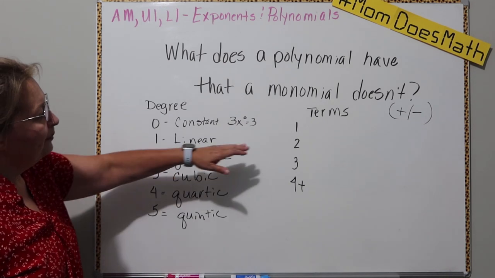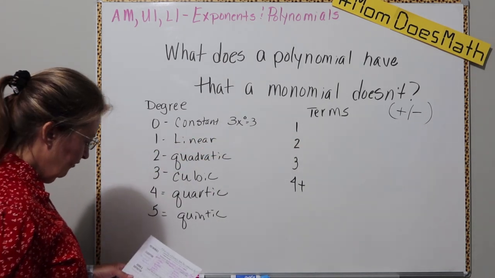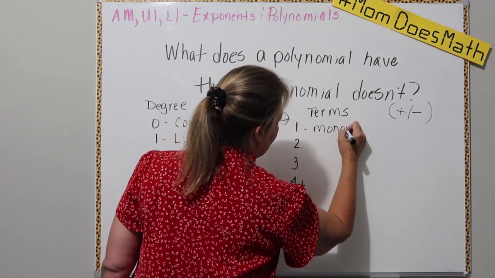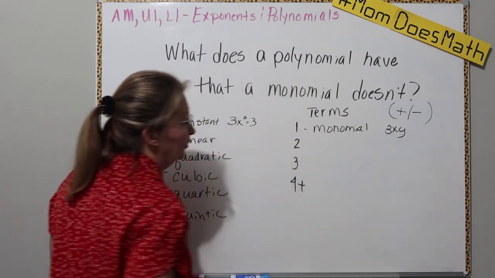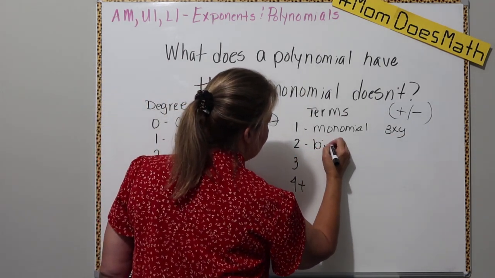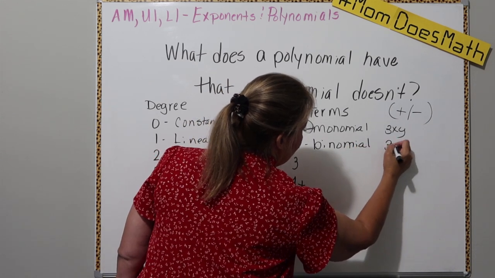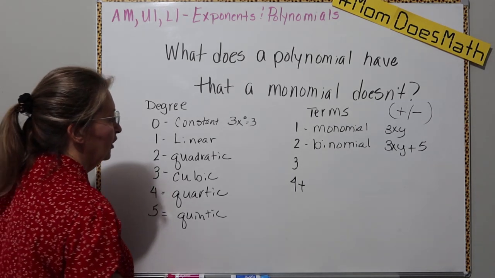Alright, now, how many terms does the polynomial have? Well, if it has 1 term, that's a monomial. 3xy would be an example of that. If it has 2 terms, you guessed it, that's your binomial. 3xy plus 5, 2 terms, that's a binomial.